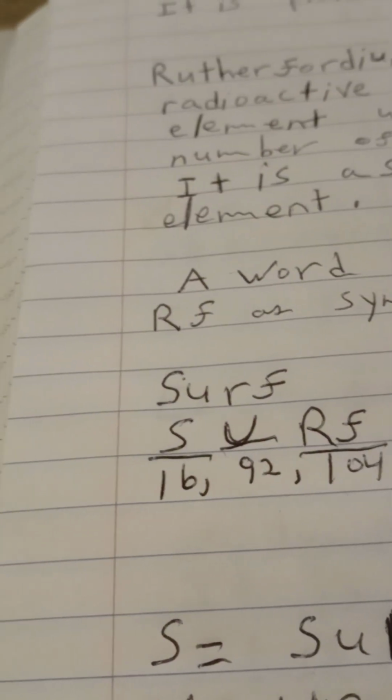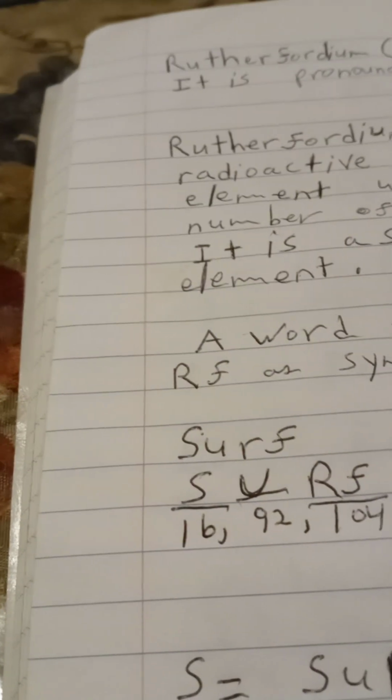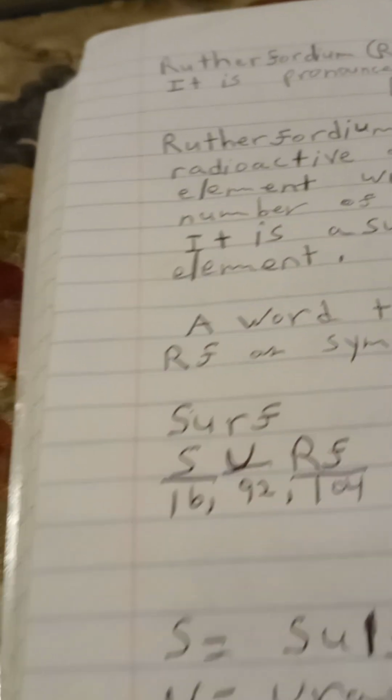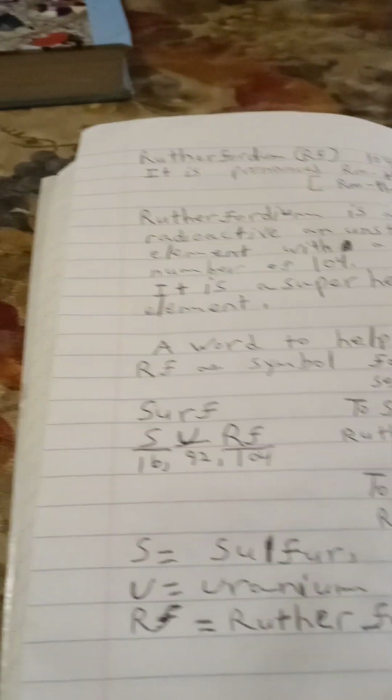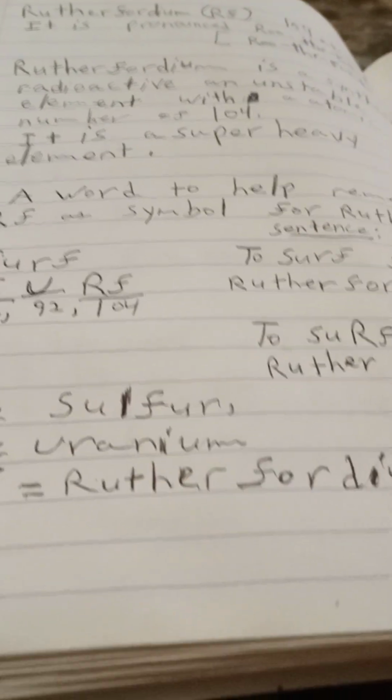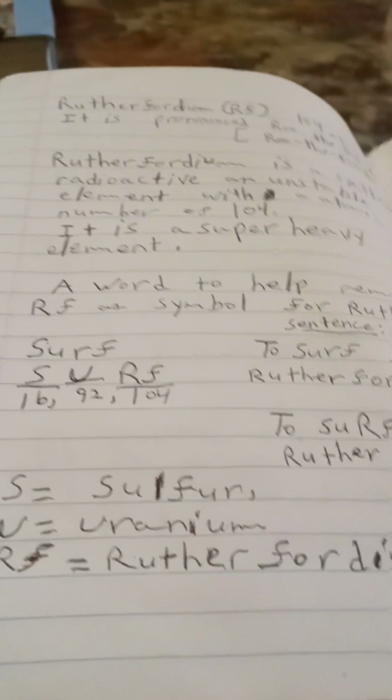Remember, Rutherfordium is a synthetic, radioactive and unstable element with atomic number of 104. It is a super heavy element. Yes, it's made in the laboratory, and that's the only place it's made. That's what synthetic means.